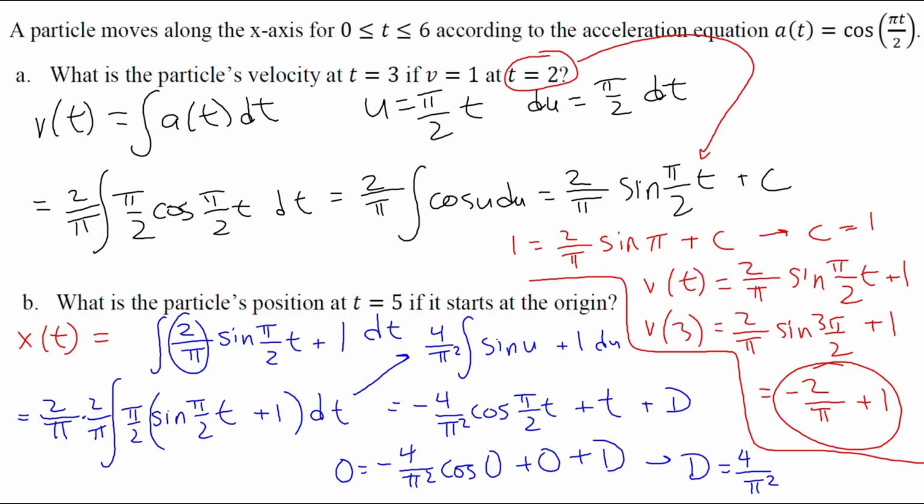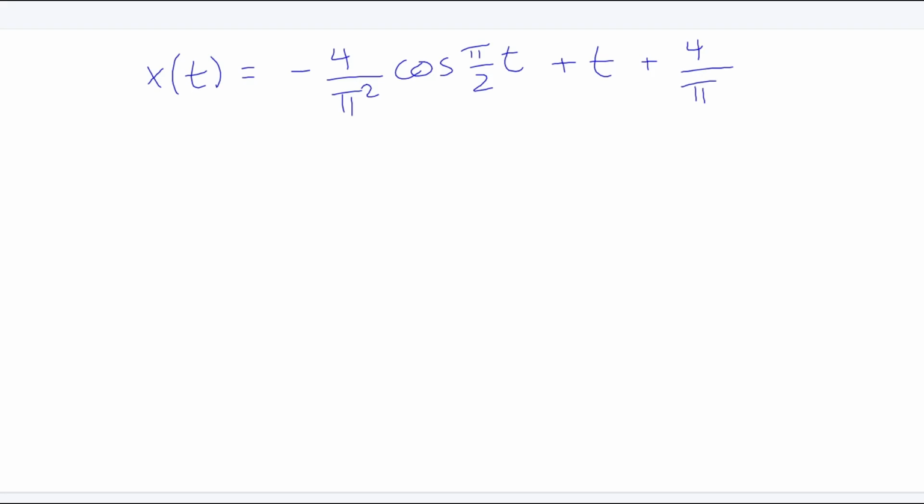And so now we're going to need a new page for this, but we can write out our position function, right? So our position function now, x of t, is going to be negative 4 over pi squared cosine of pi over 2t, and then we'll have a plus t and plus our d, which was 4 over pi squared.